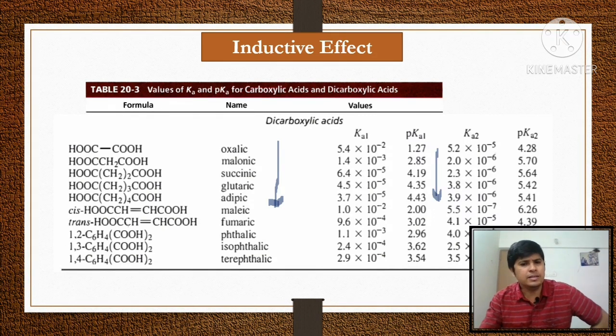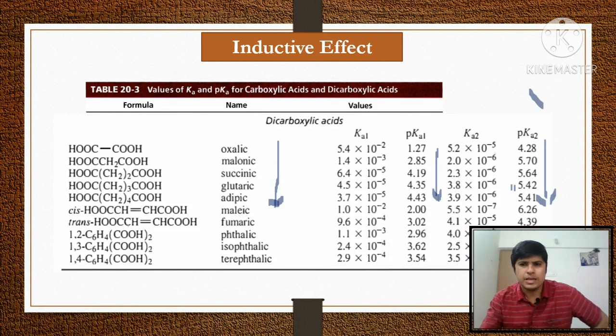This is what we have already seen with maleic and fumaric. Similarly, if we go from oxalic to adipic, the pK value increases for pK2 also, but there is a slight disorder. Again, glutaric acid is stronger than this one.